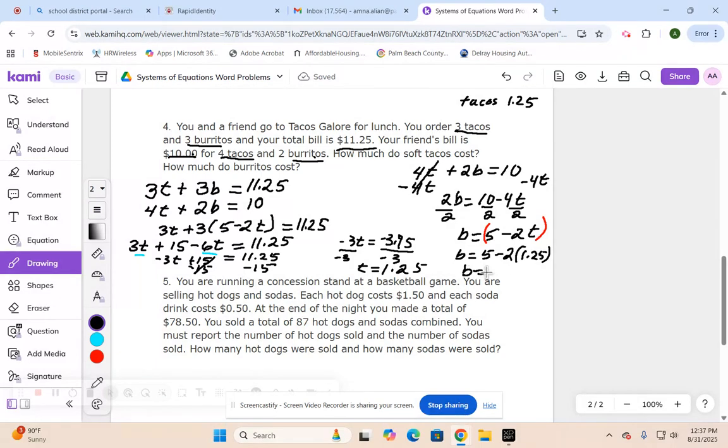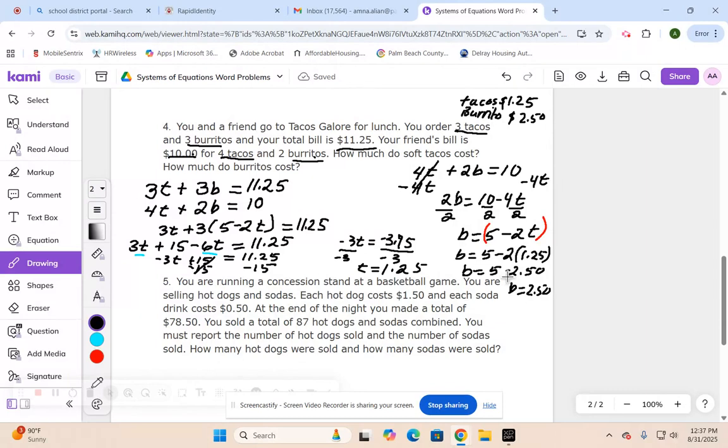So B equals 5 minus 2.50. That means B equals 2.50. That means each burrito is $2.50. So the tacos were $1.25 and the burritos are $2.50 each.